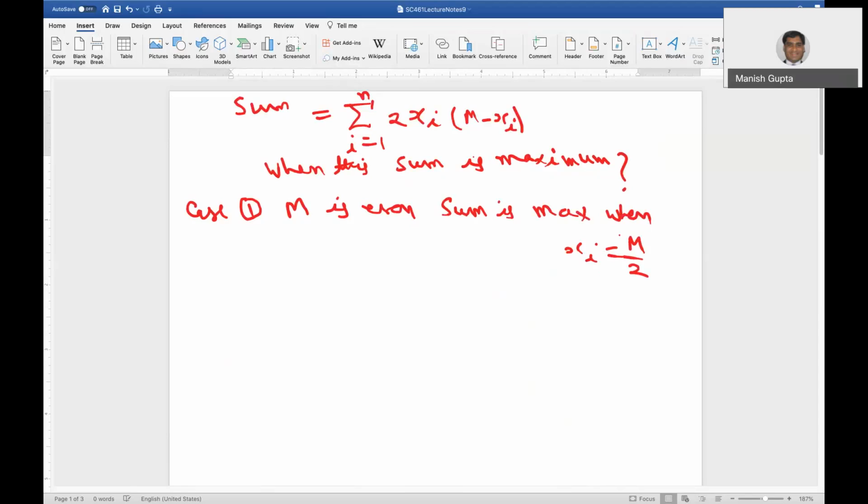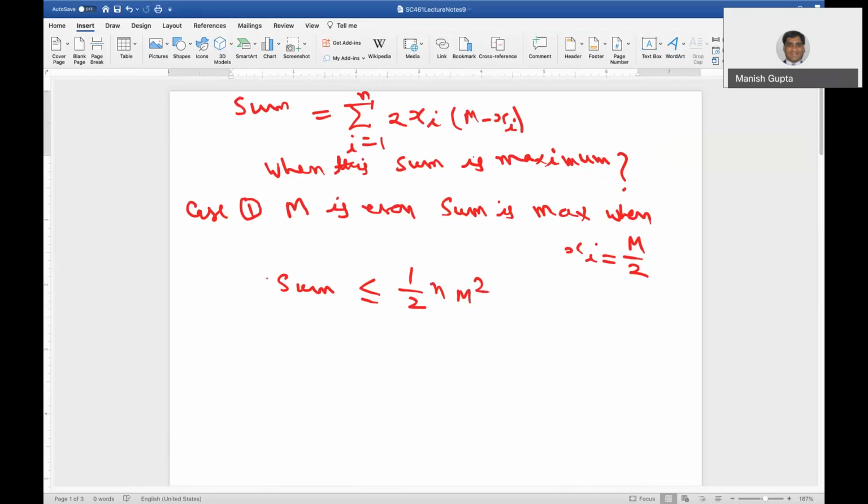So the sum will be less than or equal to its maximum, which is half times n M square, because we can substitute xi is equal to M by 2 in it.